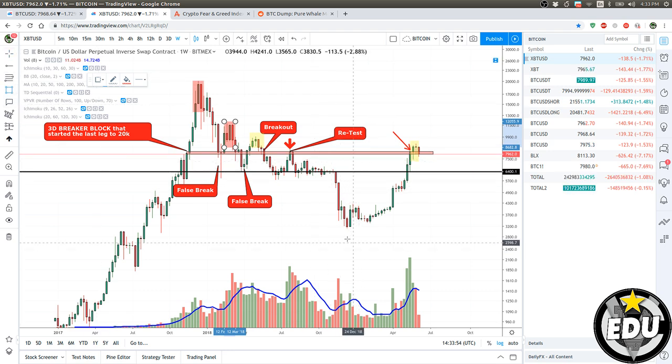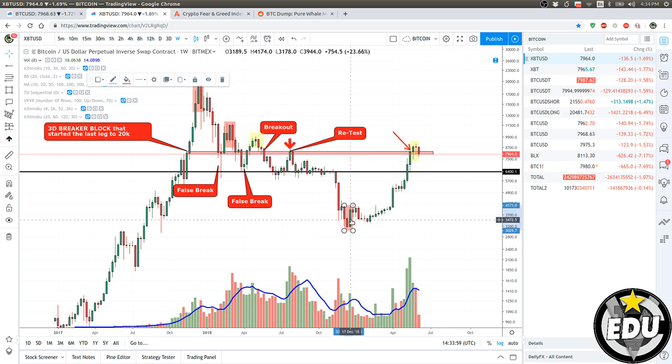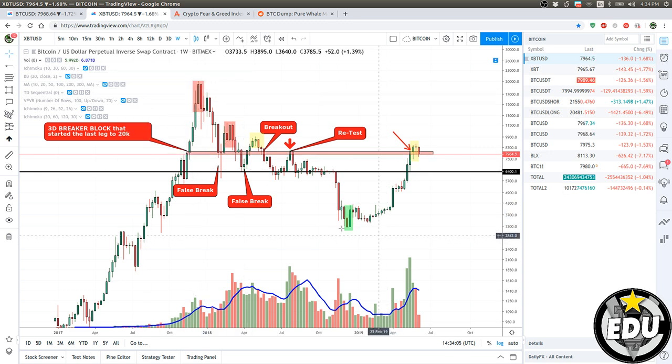Then at the bottom here we had a bullish engulfing. The green candle is higher than the red, right? Here the red is higher than the green. This is a bullish engulfing, it caused the spike, right?